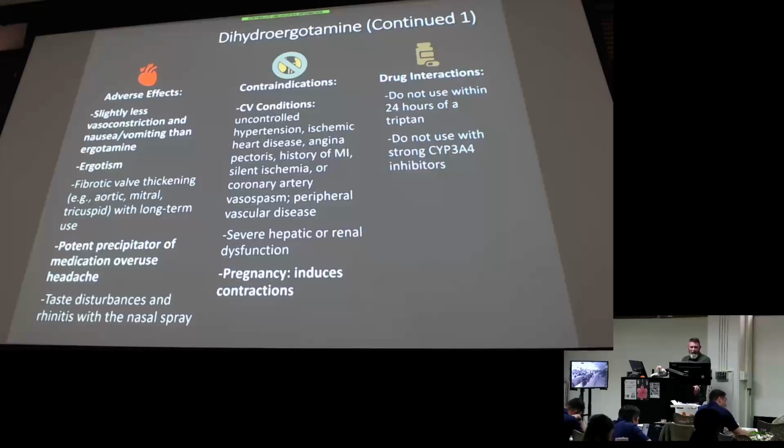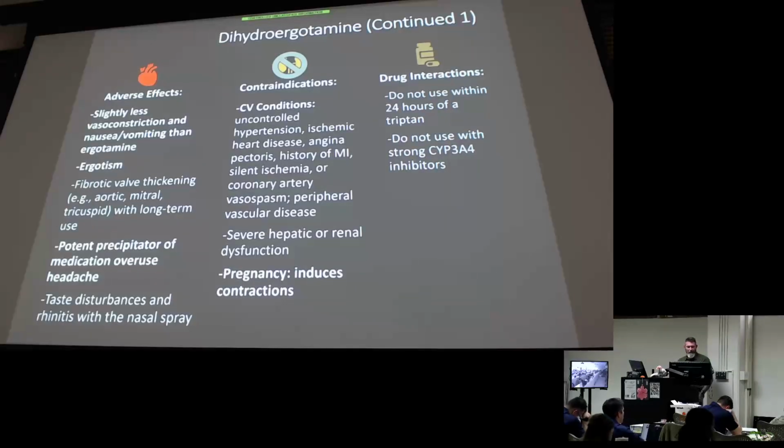All of the nasal sprays can give you, no matter which medication, we talk about them in osteoporosis, we talk about them in migraine. So anything that's nasal can give you a funky taste, right, as an adverse effect. Taste disturbances or rhinitis. Same contraindications as ergotamine.